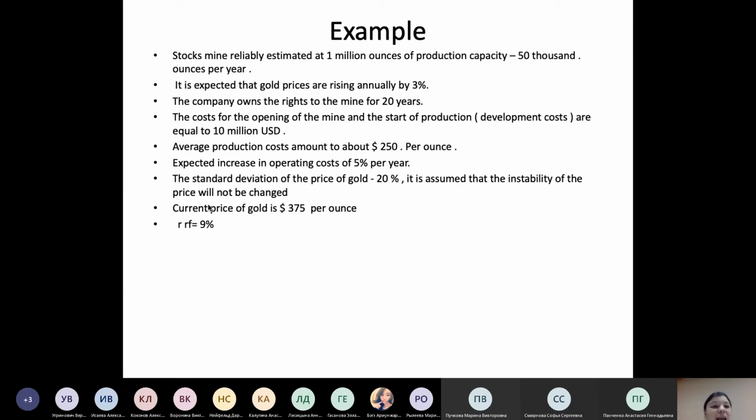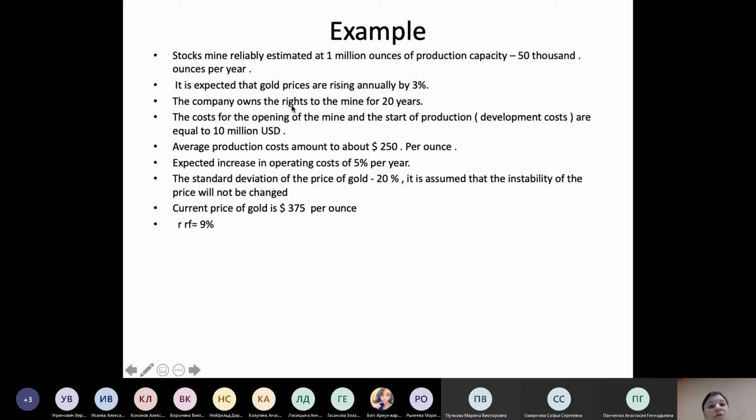The mine's stocks are reliably estimated at 1 million ounces, with a production capacity of 50,000 ounces per year. It's expected that gold prices are rising annually by 3%. In other words, our prices and our sales will change by 3% each year.